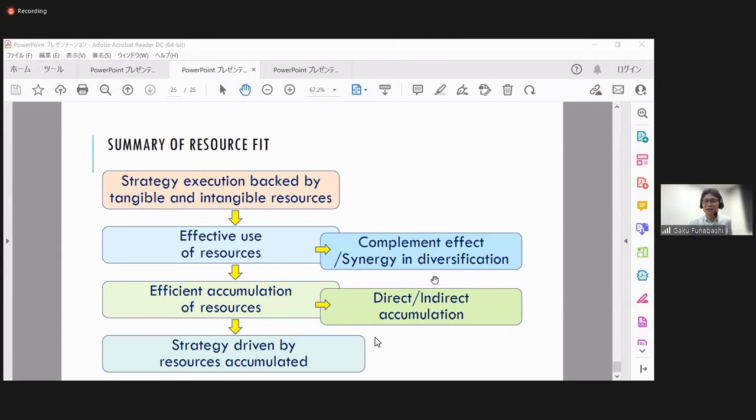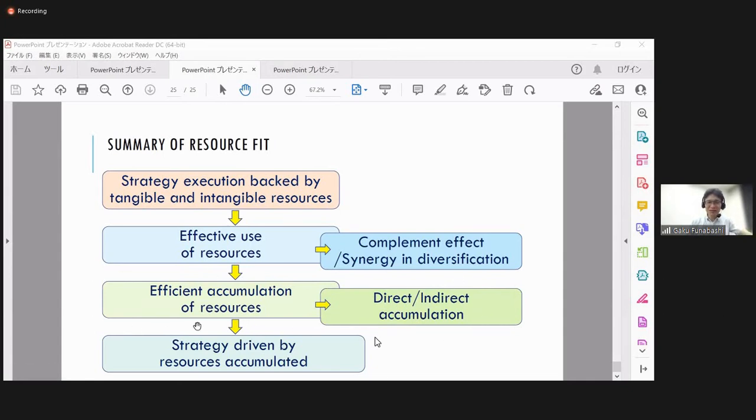But for indirect accumulation, if your competitors don't know what exactly you do in your operation inside the organization, they cannot imitate exactly. So it's very hard for them to be competitive against you. So indirect accumulation is very important.